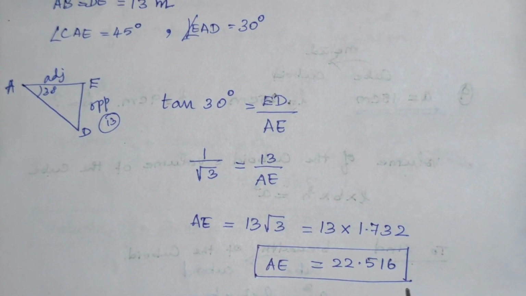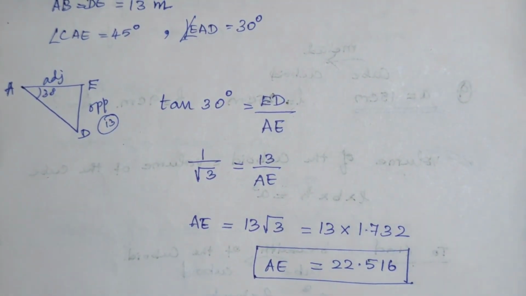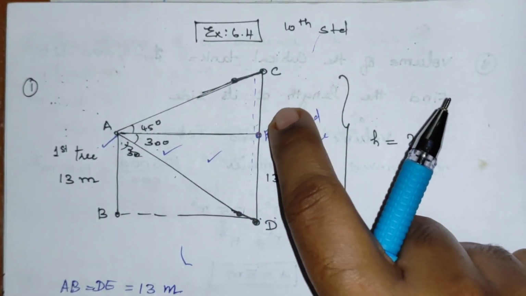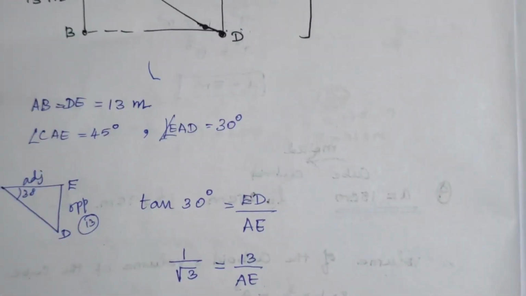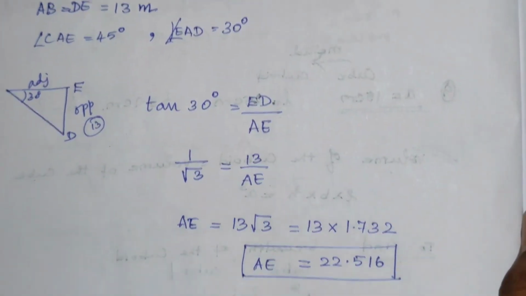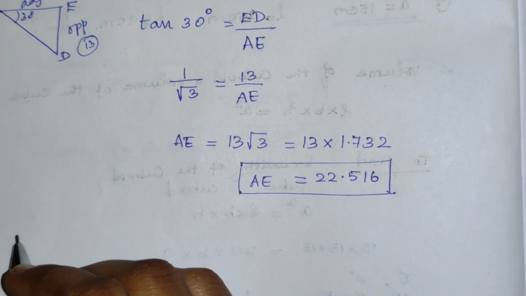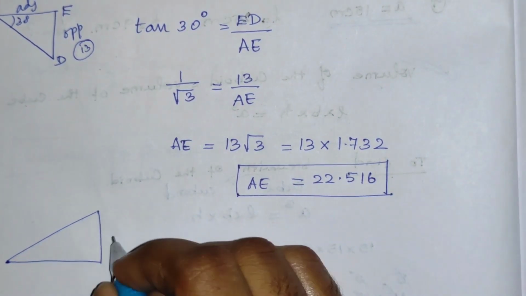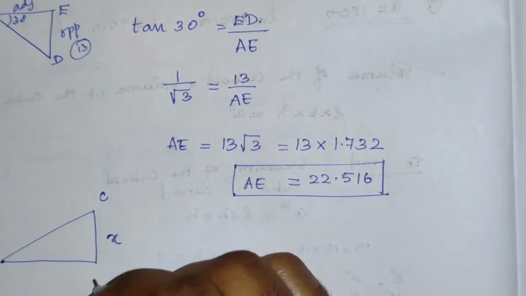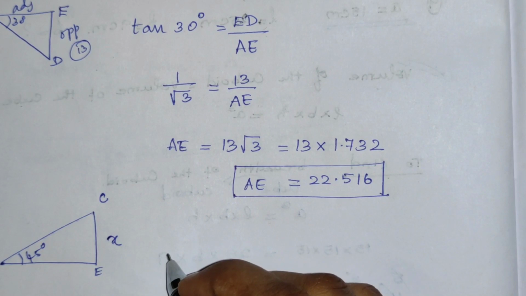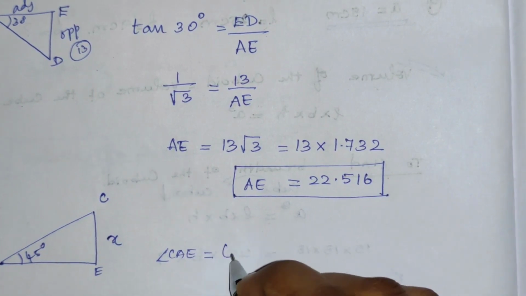So we have found the AE value. Now consider the second triangle, E, A and C. Consider triangle EAC, where angle CAE is equal to 45 degrees.